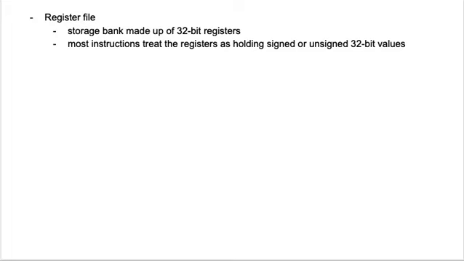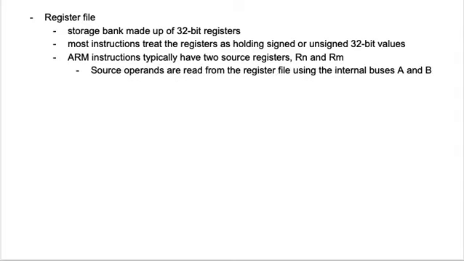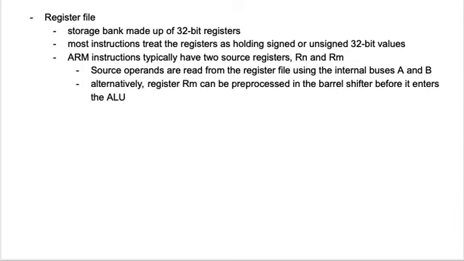The register file is a bank of 32-bit registers, and the instructions will treat the registers as holding valid signed or unsigned 32-bit values. Rn and Rm represent the two registers which will be operated on by the ARM processor.